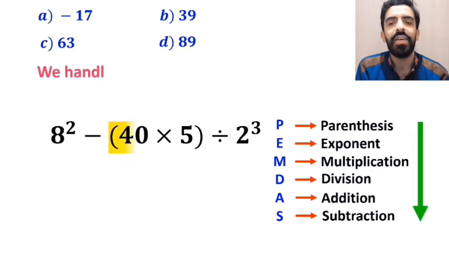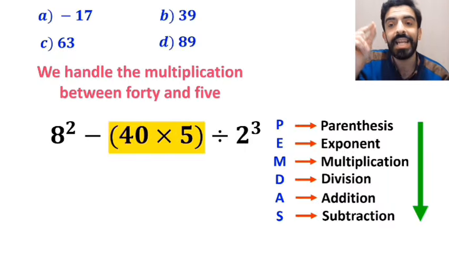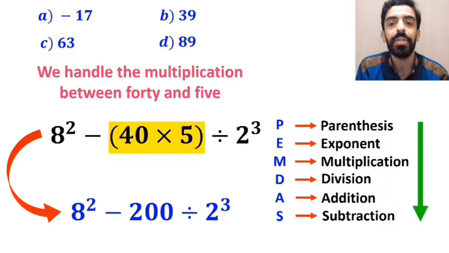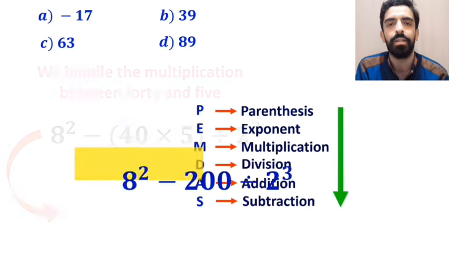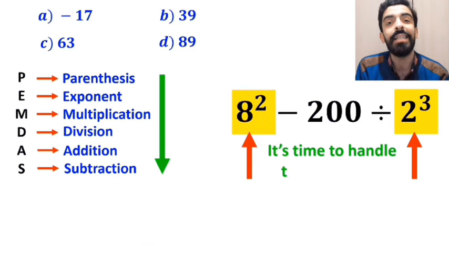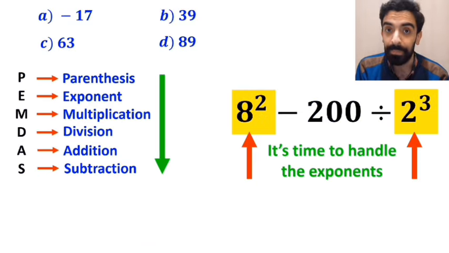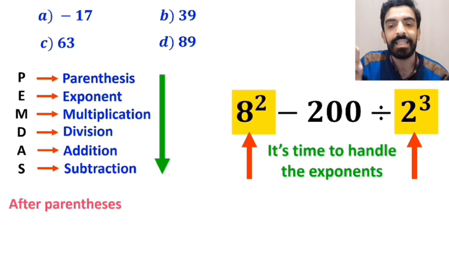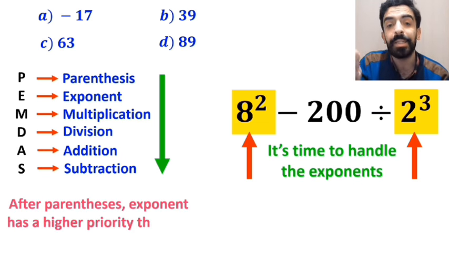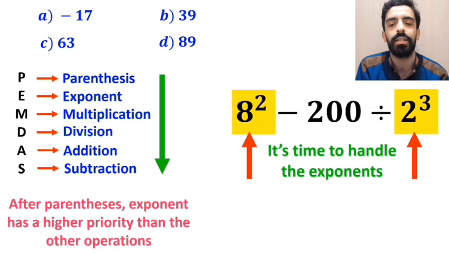And the next step, we handle the multiplication between 40 and 5, and this expression simplifies to 8 squared minus 200 divided by 2 cubed. Next, it's time to handle the exponents, because according to the PEMDAS rule, after parentheses, exponent has a higher priority than the other operations.